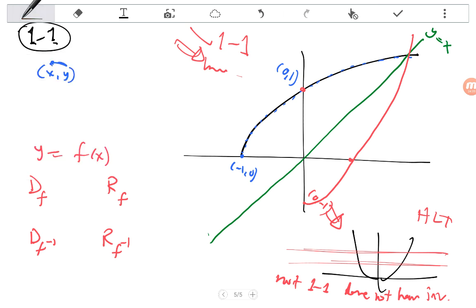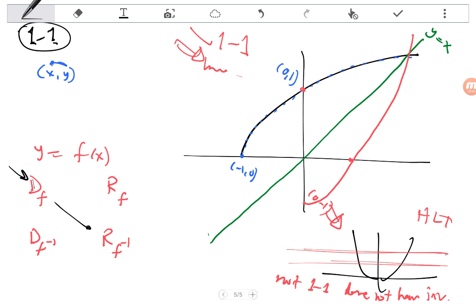We have learned that the domain is the values of x that are allowed for the function. But for the inverse, you have interchanged the x and y. So what would you expect would be the domain? It would be the range of the inverse.